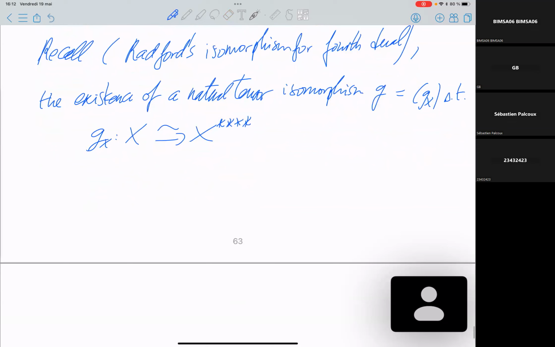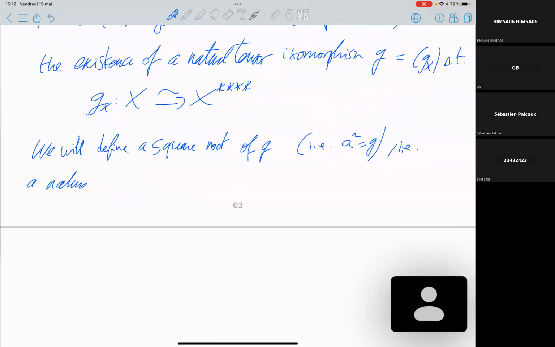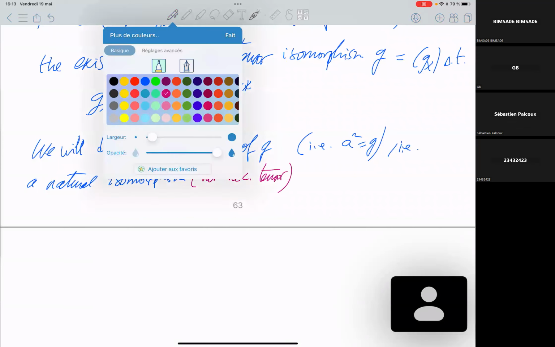Okay, so we will define a square root of G. So S squared equals G here, which means a natural isomorphism, which is not necessarily tensor, maybe not tensor.